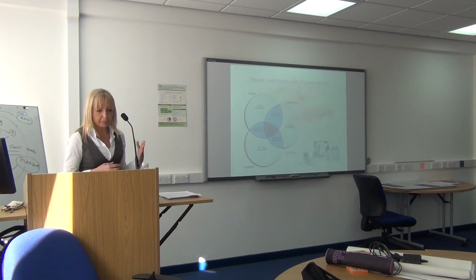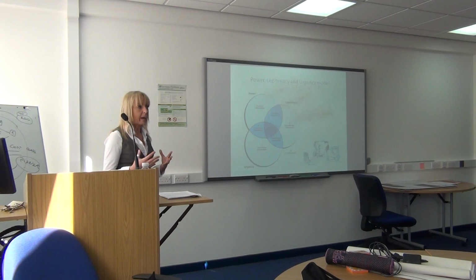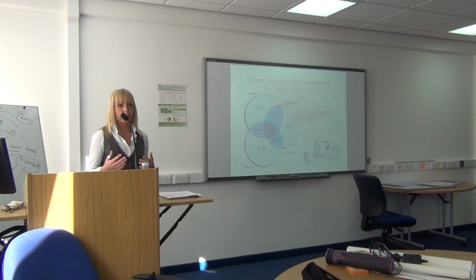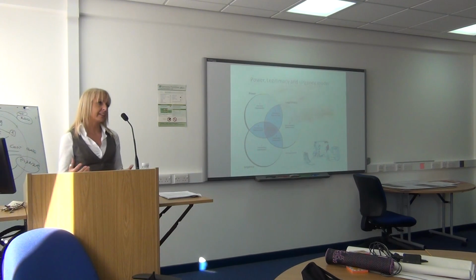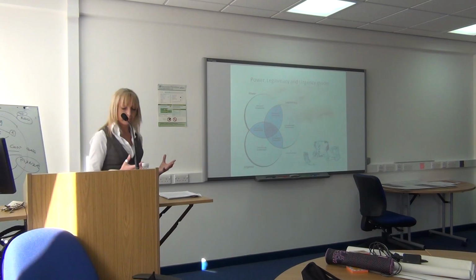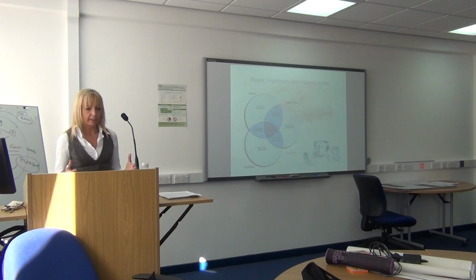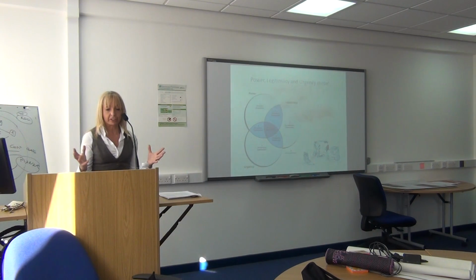So we have the dormant stakeholders in the power situation, who are people who have the power but have no legitimacy in the stake, and have no urgency in the strategy itself.